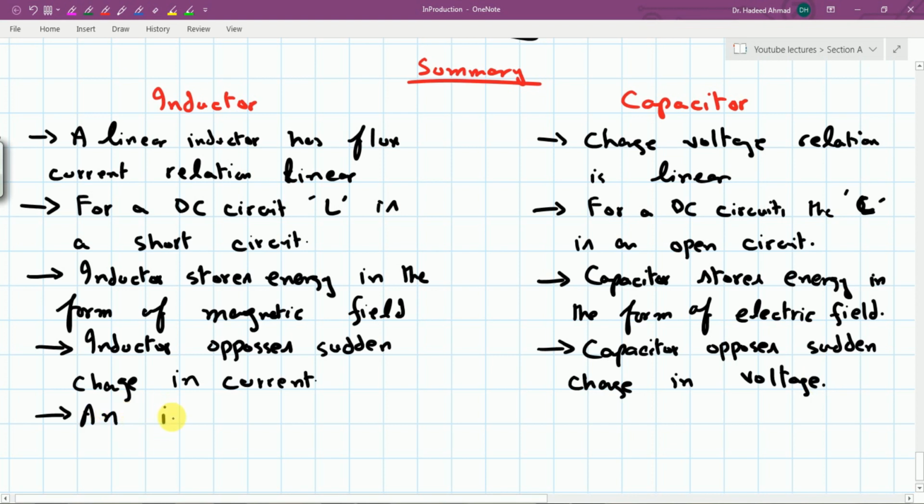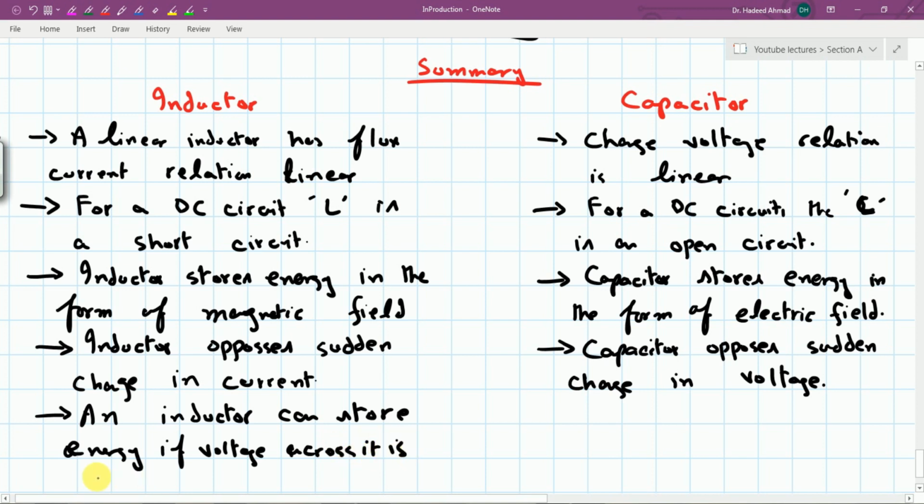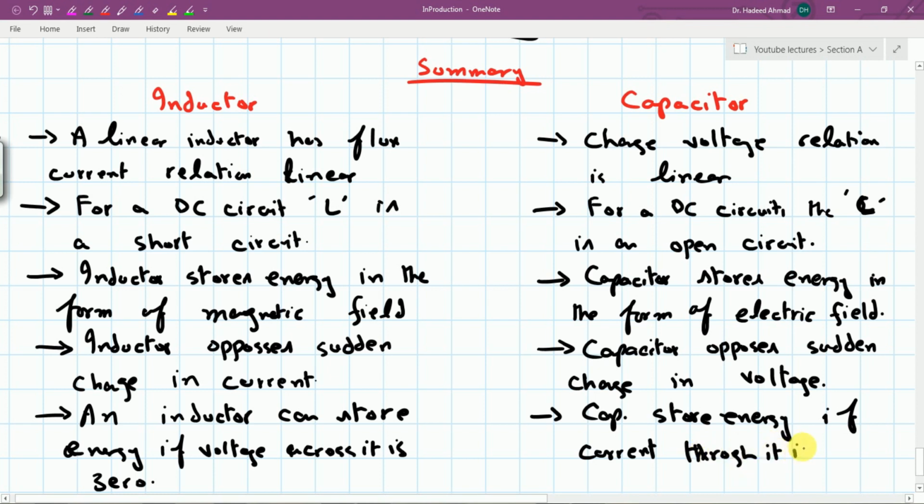An inductor can store energy if the voltage across it is 0, whereas a capacitor can store energy if the current through it is 0, right?